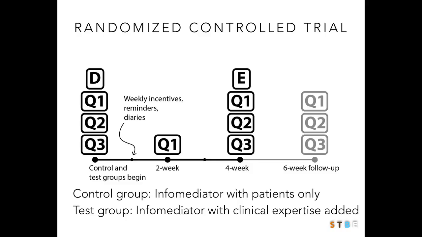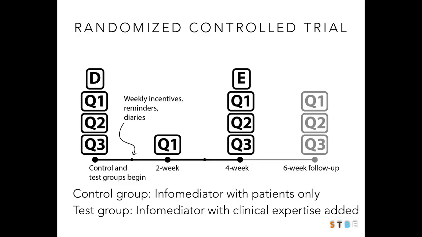So this is a 4-week intervention, and there will be a 6-week follow-up on the outcomes. The Q1, Q2, Q3 refers to the primary, secondary, and the pilot results. We're assessing that in the beginning, at week 0, and then at the 4th week.